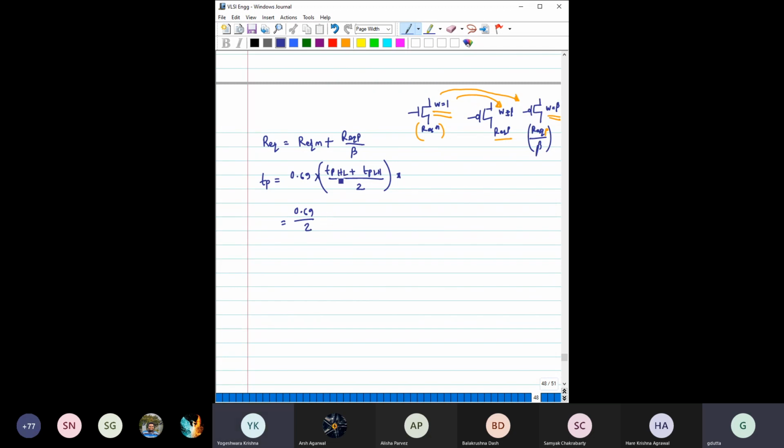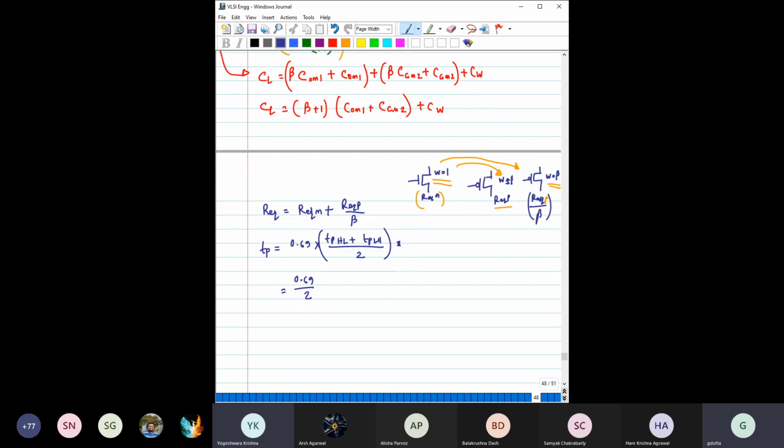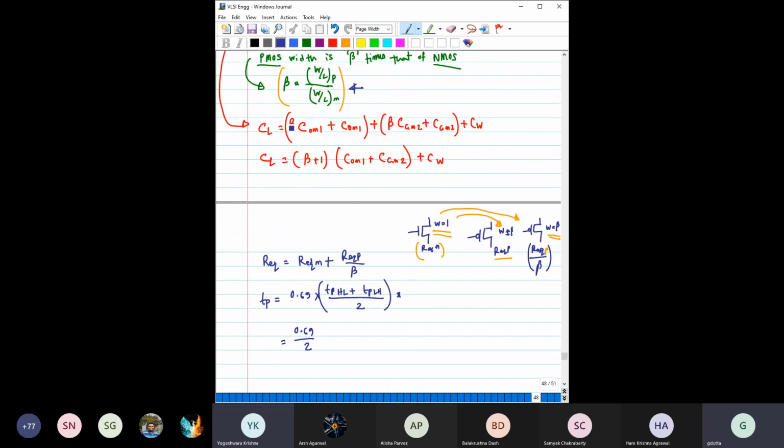Okay. So now what we have to do, we know this capacitance, we know the resistances, right? And if you just multiply this one with this equivalent inside, then basically you will get TPHL plus TPLH, right?